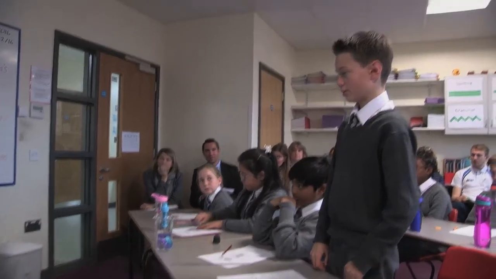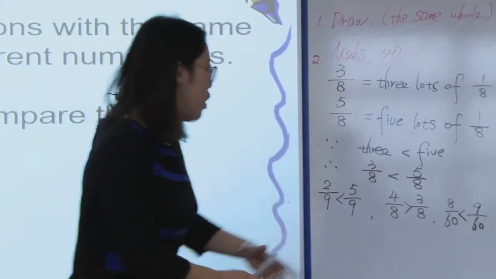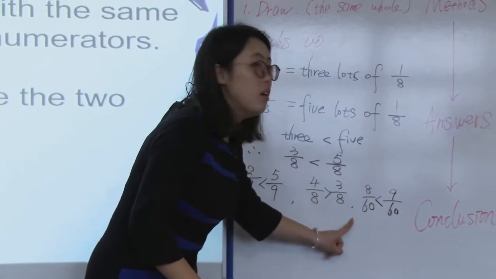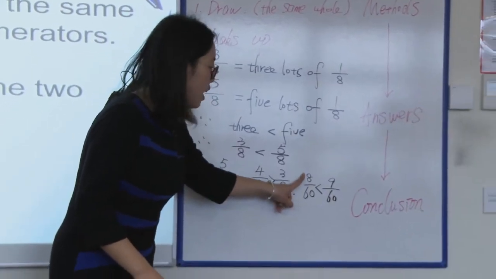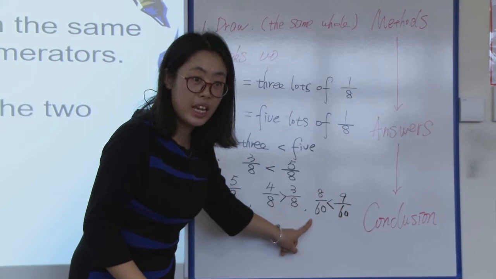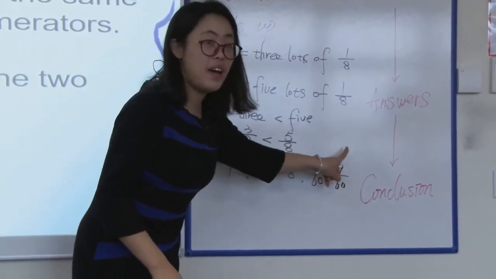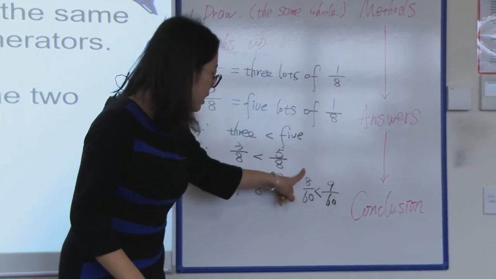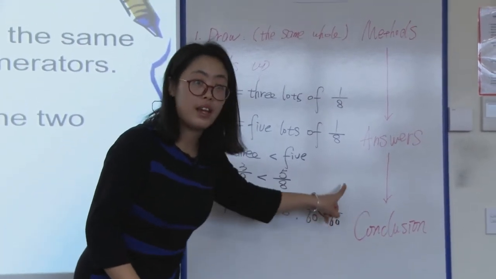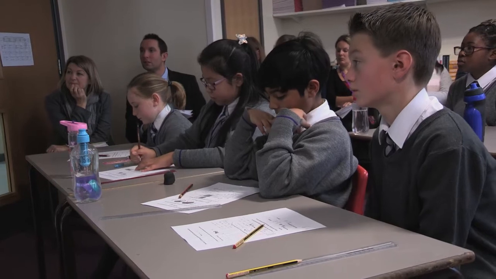It's 9 lots of 1/60ths and 8 lots of 1/60ths. 8 is less than 9, so 8/60 is less than 9/60. Right? Yeah. Oh, very good.